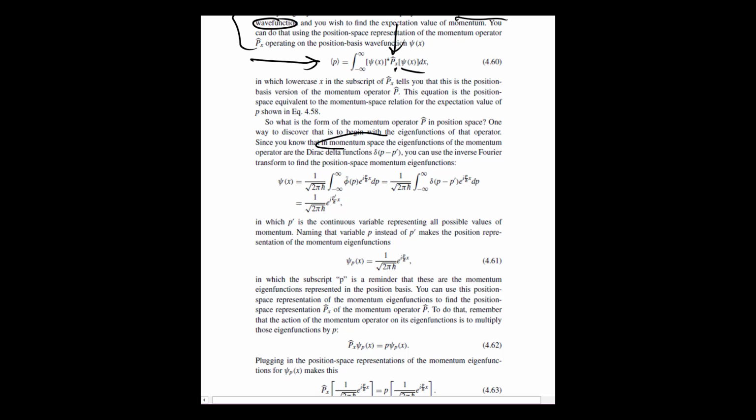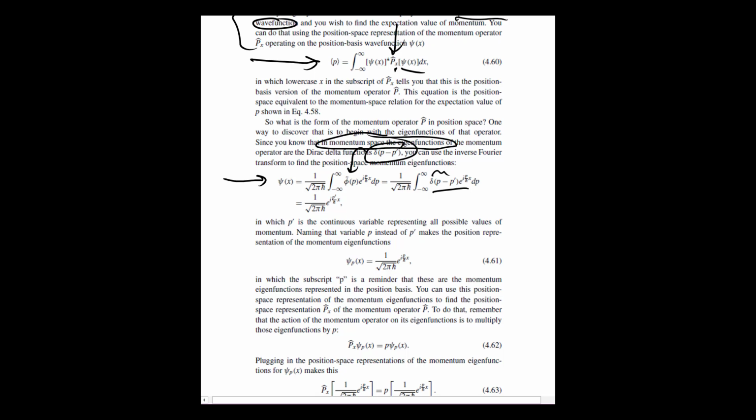Well, we know that the momentum space eigenfunctions of the momentum operator are these delta functions. So let's use our inverse Fourier transform to see what those functions correspond to in position space. Here's psi of x. We're going to plug in our delta function for phi tilde of p. That's shown here, but you know what a Dirac delta function does when it's inside an integral.